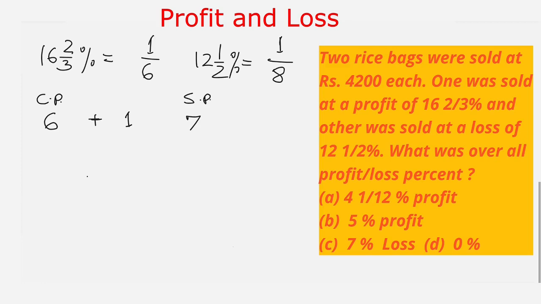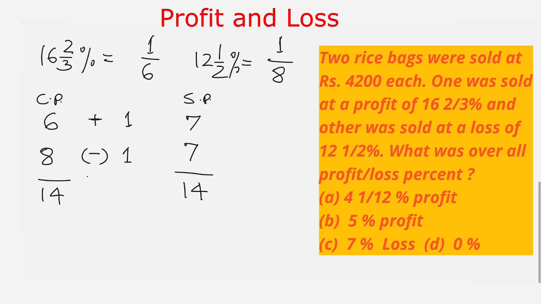And another item which is costing 8 is sold at a loss of 1, therefore its SP is also 7. It means that if we add the cost price of both the items, that comes out to be 14, and selling price both being 7, when added gives 14. It means that the 2 bags costing 14 is sold at 14. It means that there is a no profit and no loss.